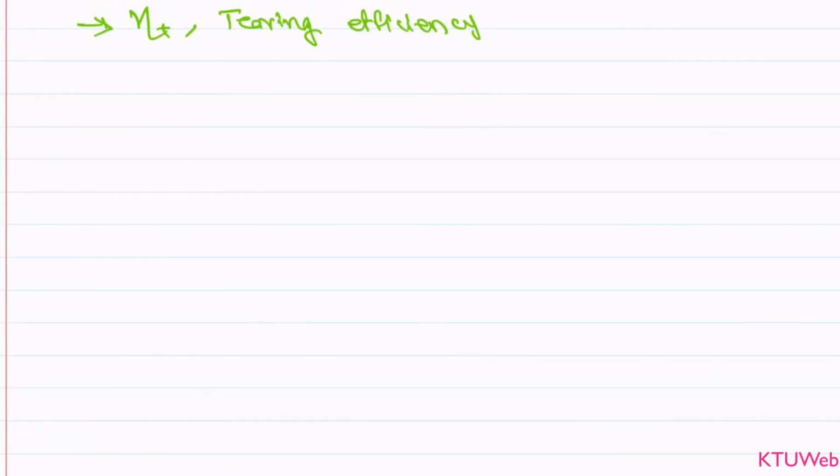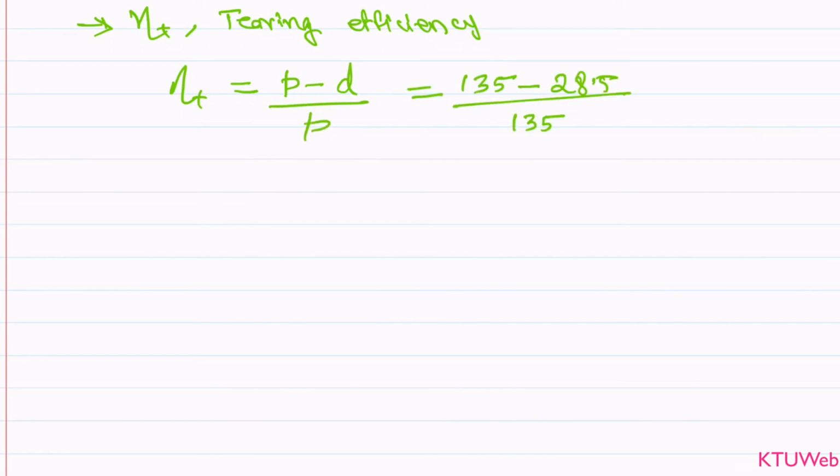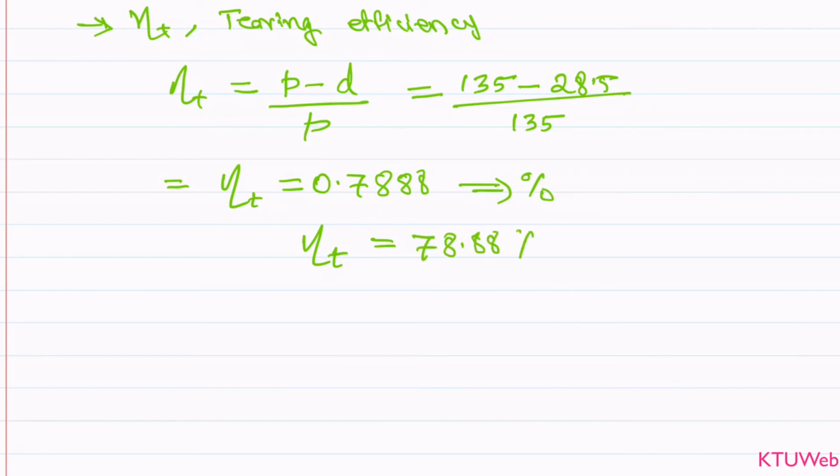I advise you to check my previous videos on the efficiency of rivets, where we derived the equation: eta T is equal to (pitch minus diameter) by pitch. Upon solving, we get eta T equal to 0.7888, and in percentage, eta T is equal to 78.88%.